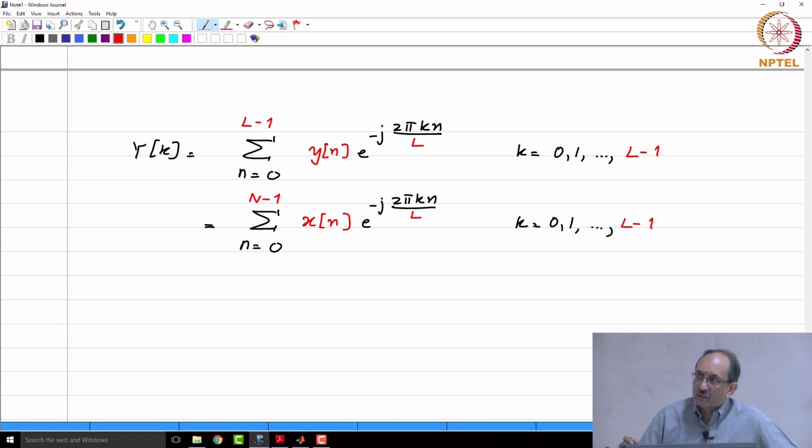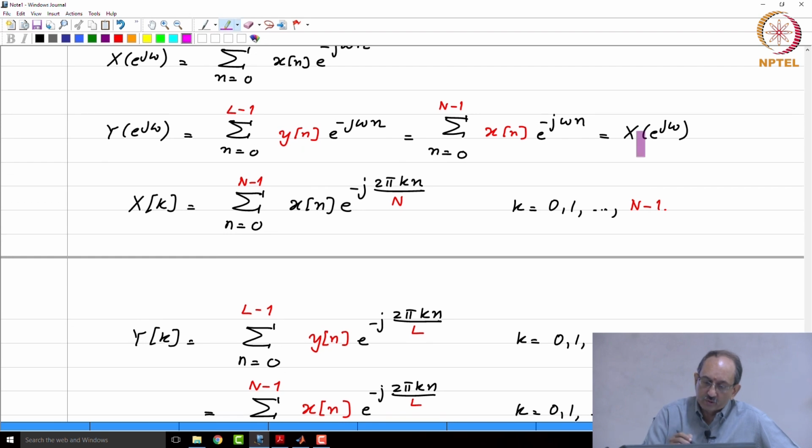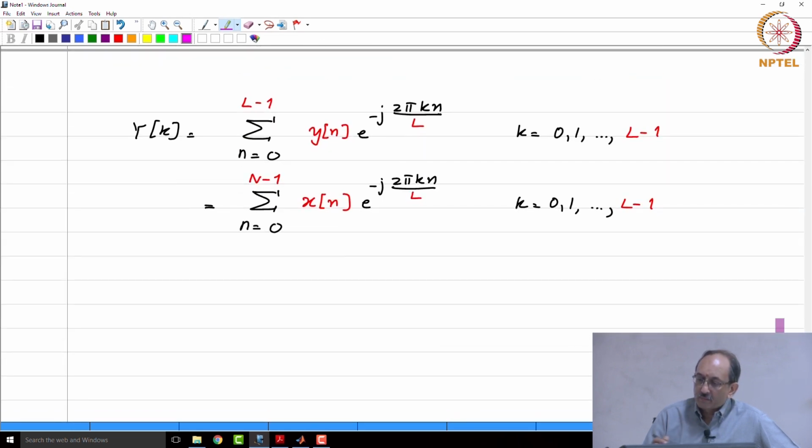Again what this gives you is the samples of the DTFT. Remember, the DTFT is unchanged because the DTFT of both the original sequence and the zero padded sequence are the same, as it should be. But what you have done now is by zero padding you have evaluated the underlying DTFT at a finer set of points. So the DTFT remains unchanged, but when you zero pad you sample the DTFT at a larger set of points, that is the only thing that happens.